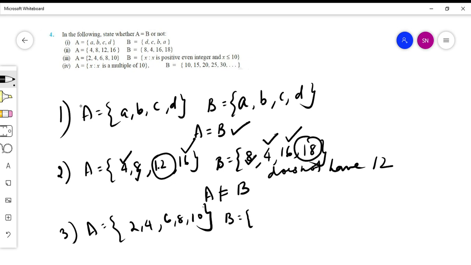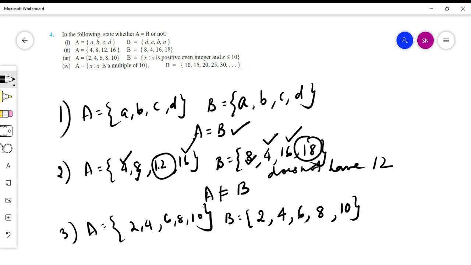What are all the positive even numbers less than or equal to 10? 2 is the smallest positive even integer. After that, 4, again even, 6, again even, 8, again even, and lastly, I will include 10 as well. Why should I include 10? Because in this question, as you can see from the cursor movement, they have given x less than or equal to 10.